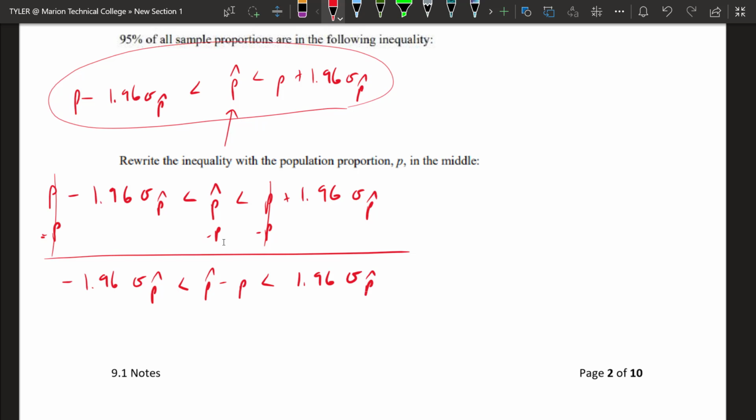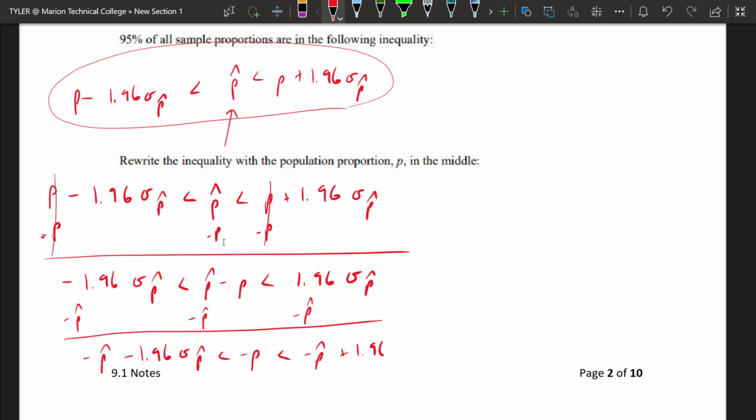I want p by itself, so what I would do next is subtract p hat from both sides. Then what I'm left with is negative p hat minus 1.96 sigma p hat less than negative p less than negative p hat plus 1.96 times sigma p hat.